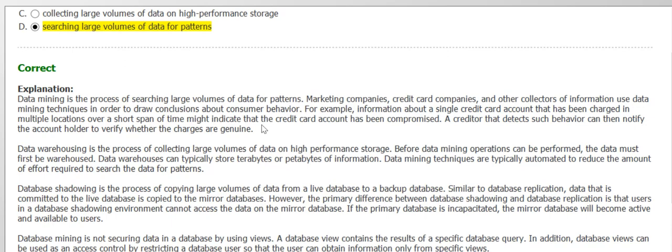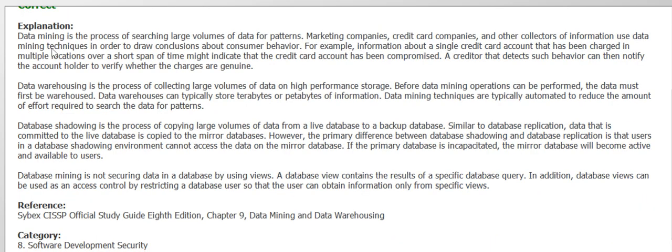So we should know the difference between data mining and data warehousing, which is a process of collecting large volumes of data on high performance storage. First data should be warehoused, then data mining should happen. Then also database shadowing is the process of copying large volumes of data from a live database to a backup database.